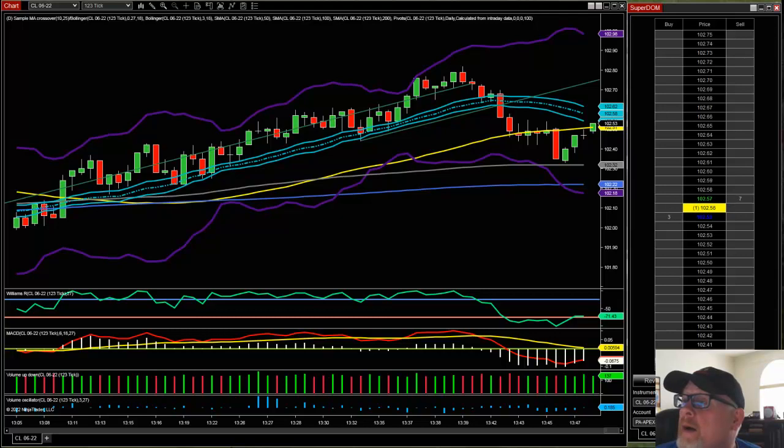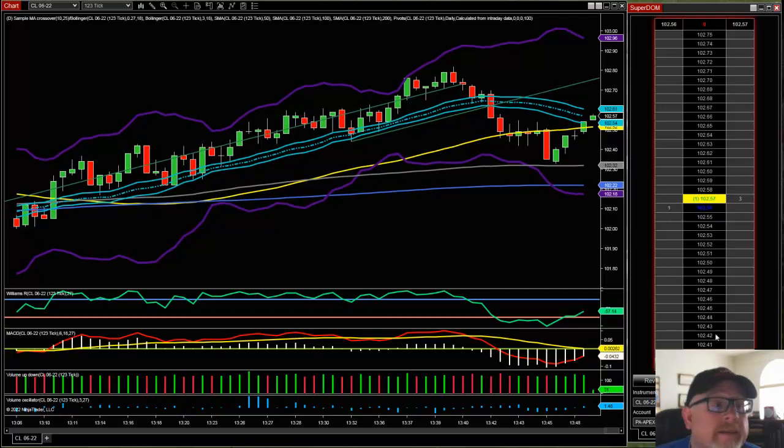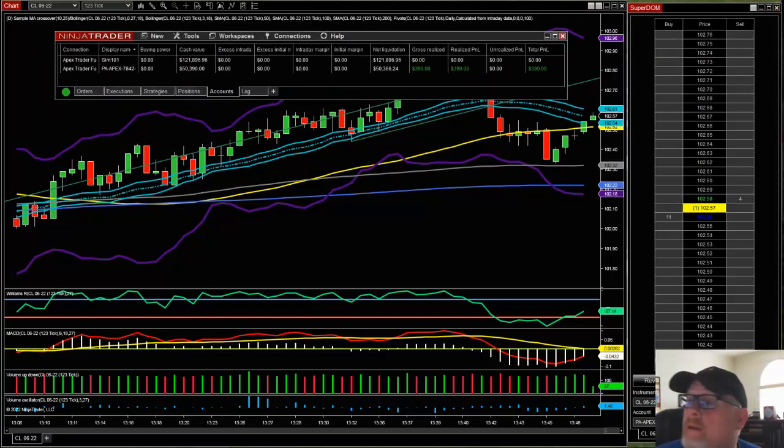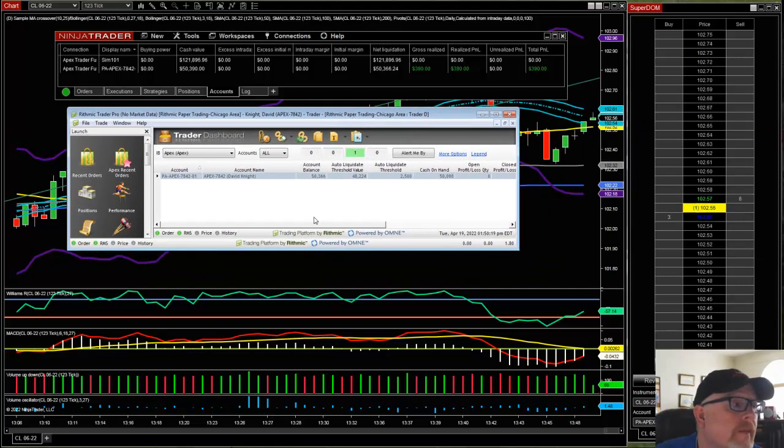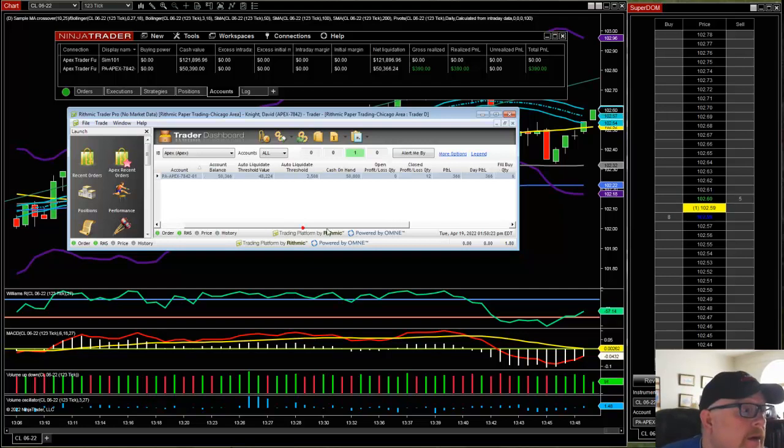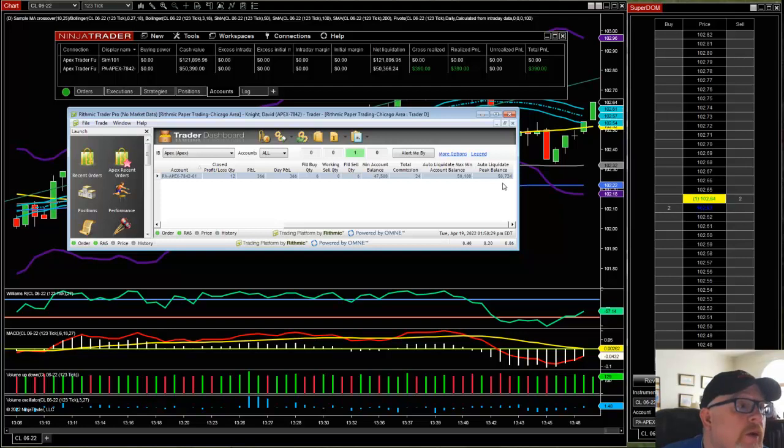I can say my account balance is at 53.66. Let's bring over handy dandy stuff here and see what we're doing, because we're pissing around with real money now. It says my peak balance was 50,724, 400 higher than where I am right now.